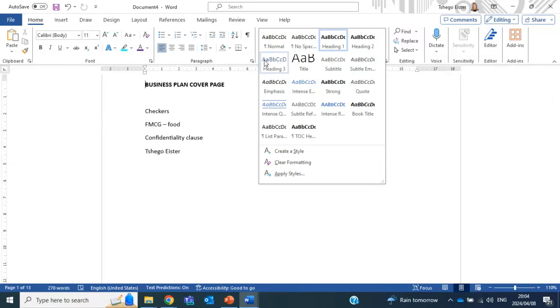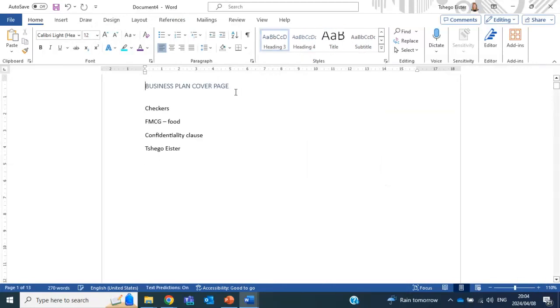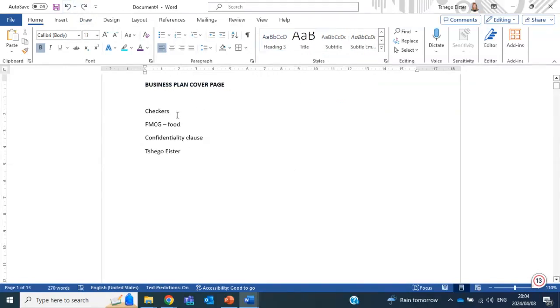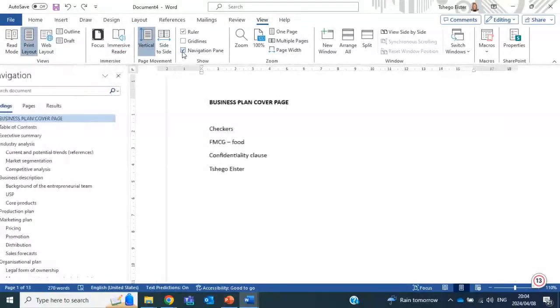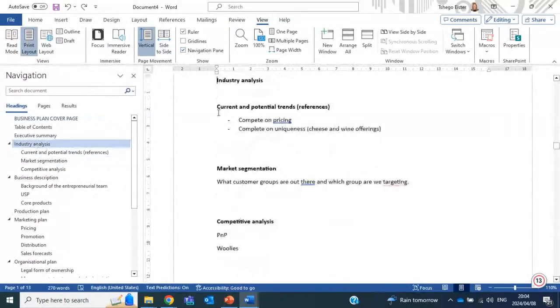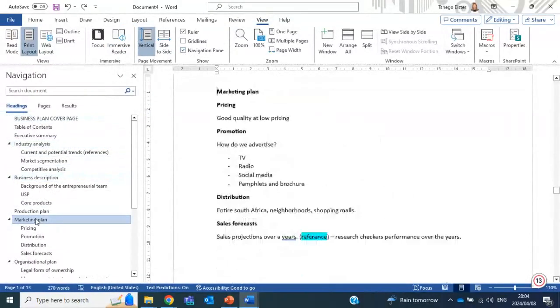Whereas if you look at heading 3, you can see it's a bit blue, because I haven't really amended it. So amend it according to what you want. A business plan or a document should always be in black, so amend the headings to be black, so that when you view your navigation pane, you're able to navigate through your document with ease.